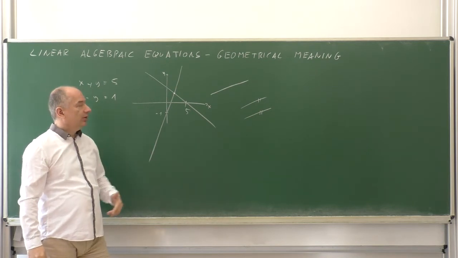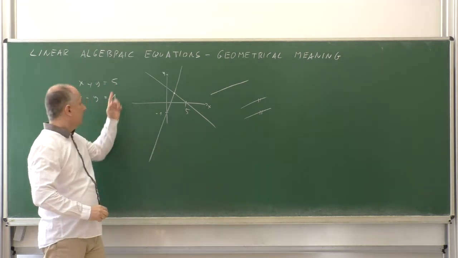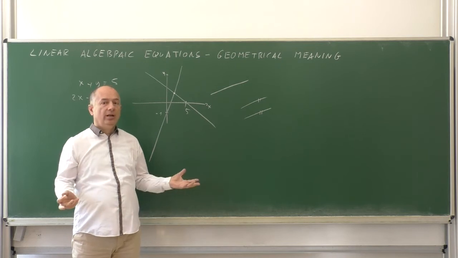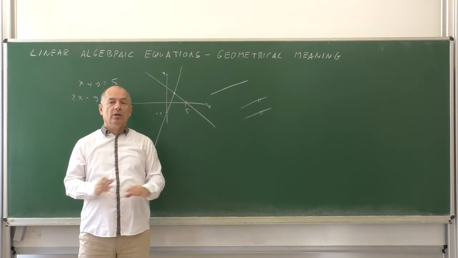From this interpretation you see that it is not possible that a system like that has two solutions. Two lines may intersect in no point, 1 point, or infinitely many points. No other case.